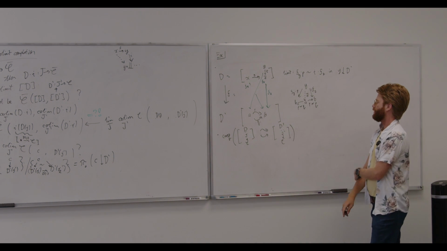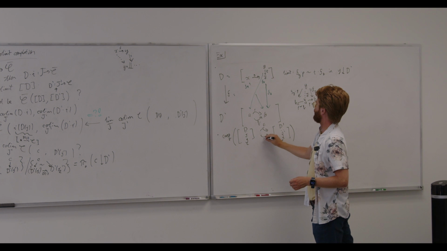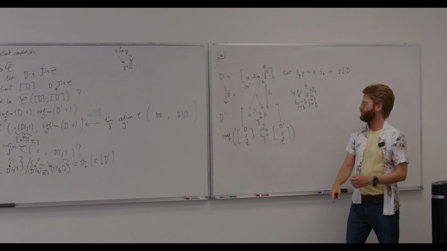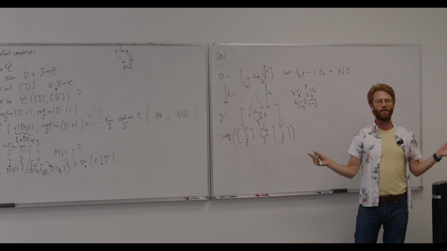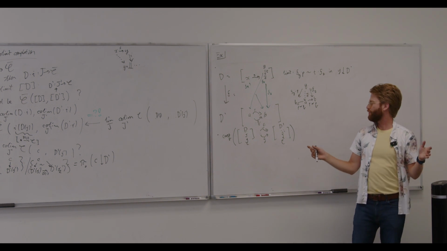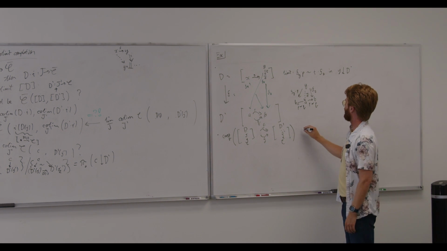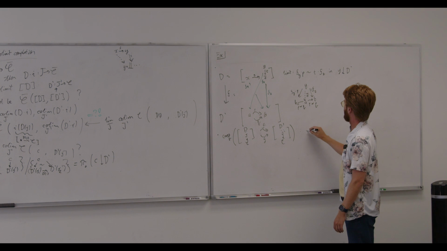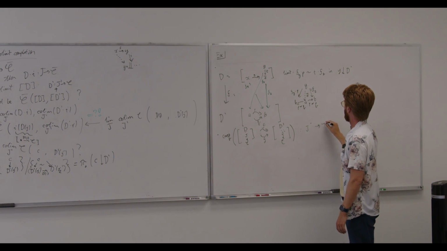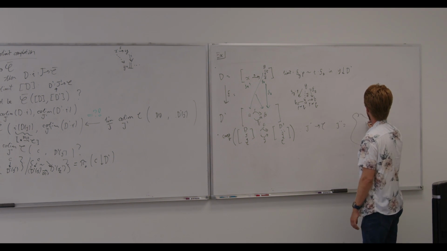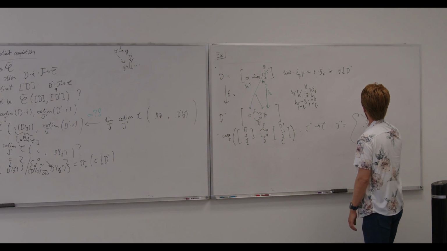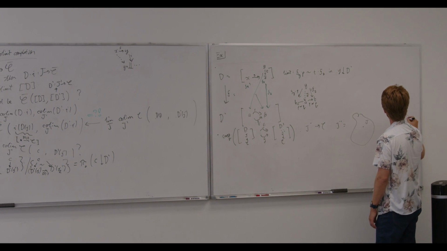Okay, so what you do, if you look at what having two maps between these diagrams means, it means you've got a bunch of maps from D of j's to D prime of j primes for some other things. So you build a new category, J double prime, that has J in it, and J prime in it, so start with a disjoint union.